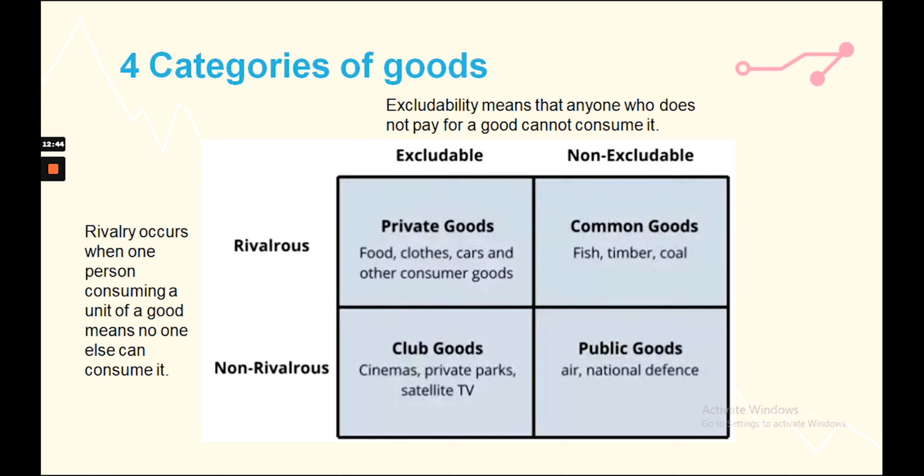And when we talk about non-rival nature, it means that even if one person is taking the benefit of the army, another person can still take the benefit of the army present in the country. That is why these goods are termed public goods: they are non-excludable, so you can take the benefit even if you have not paid for it, and if one person has already consumed it, another person can still gain the benefit. So these are the four categories of goods.